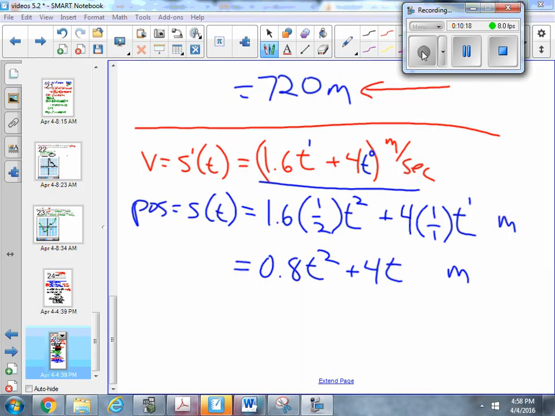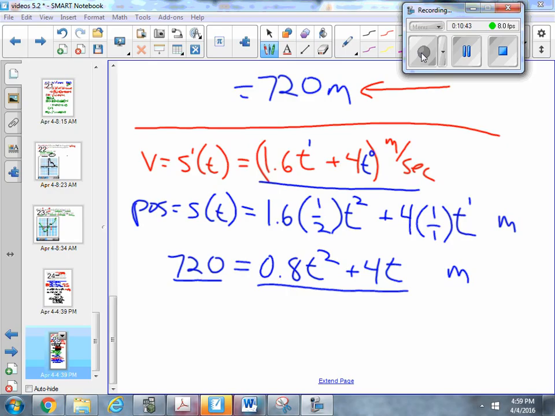I can figure that out by setting this equal to 720. So now I know my position, because my position is 720 meters down. This is the function that describes the position. That's going to tell me how much time it took. Then I'm going to plug that time into the velocity function. But let's just do it here.